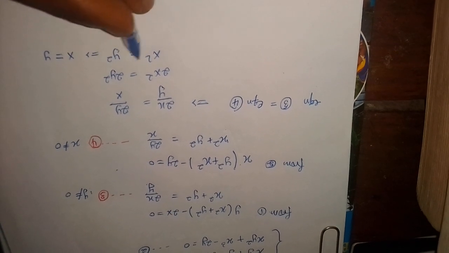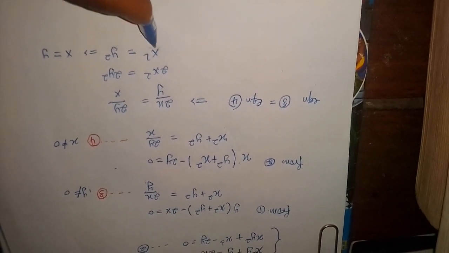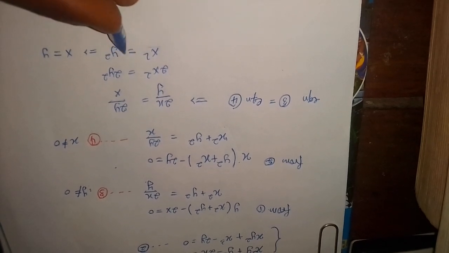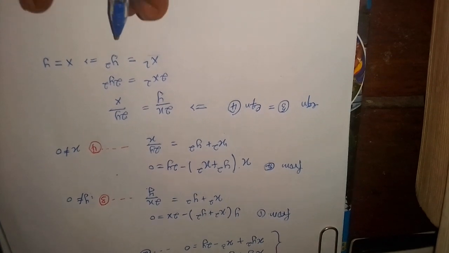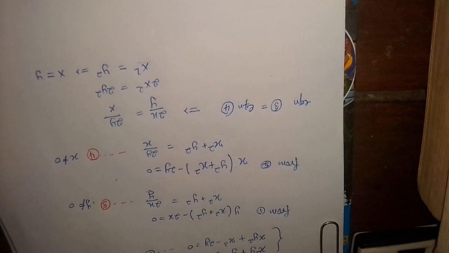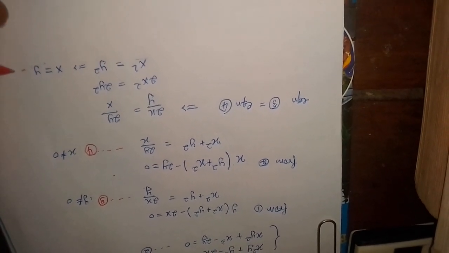Since the powers are equal, the bases are equal. This is from the one-to-one property of index equations. Now with that, since x equals y, let's call this equation number 5.